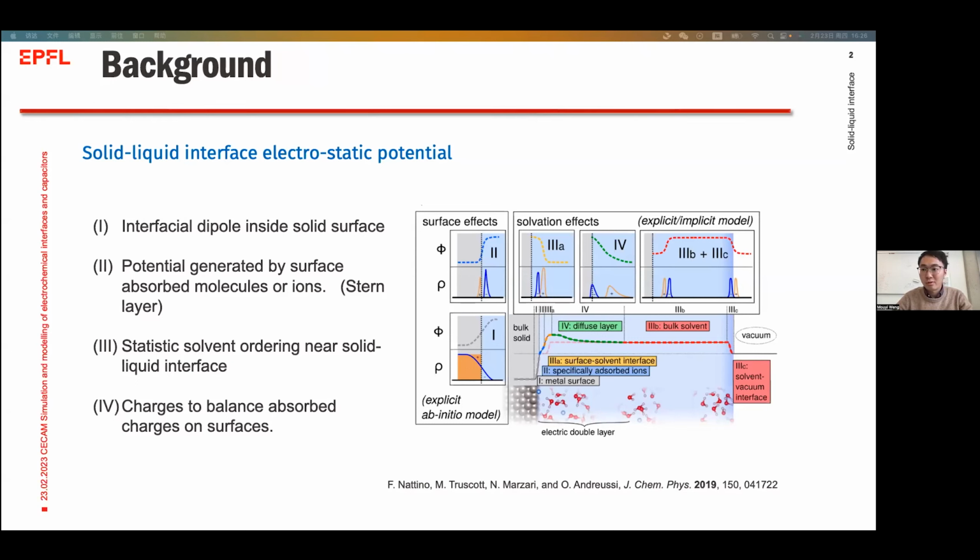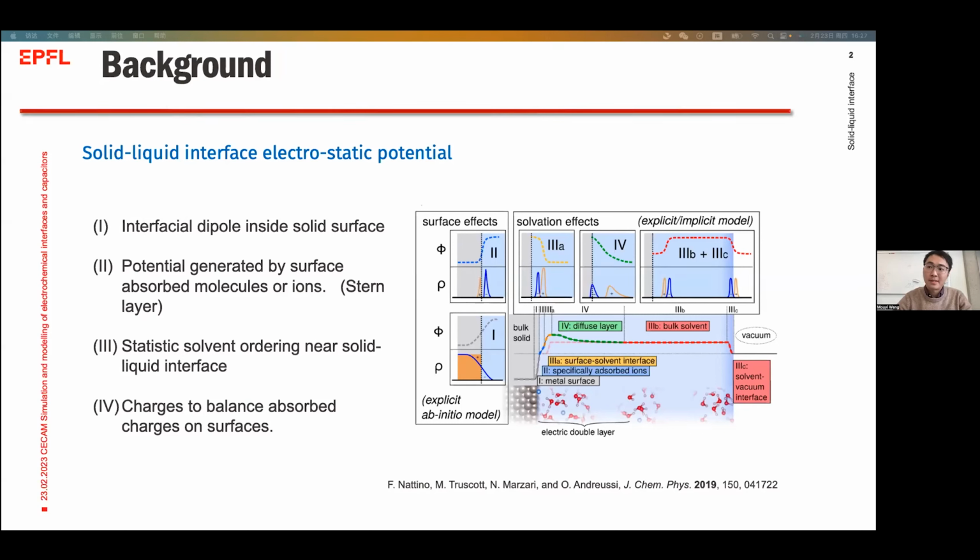For first principles simulation, this is sophisticated because we have a dipole inside the solid, and we have molecules or ions adsorbed on the solid surface, and we have solvent molecules with dipoles near the surface in the liquid, and also some balancing charge in the liquid.